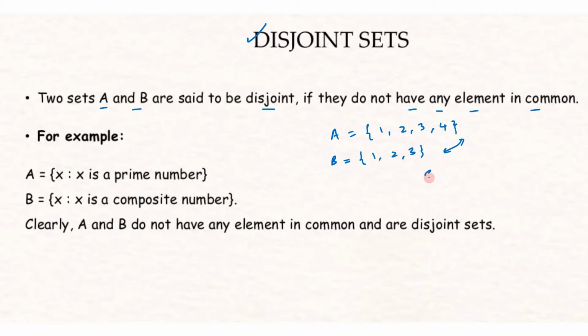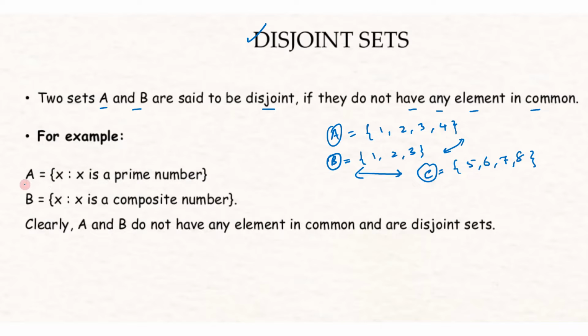And now suppose we have another set C whose elements are 5, 6, 7 and 8. So we can say that set A and set C are disjoint sets because they do not have any element in common. Similarly, set B and set C are again disjoint sets because they do not have any element in common.